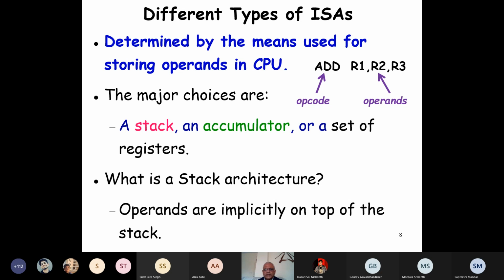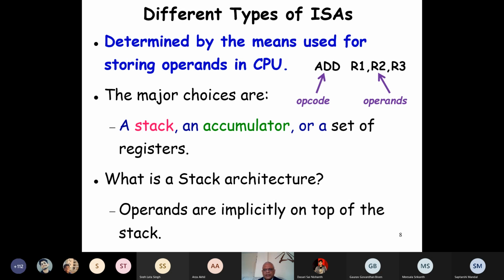Now, there are three major choices by which the operands can be stored before they are processed. One is a stack, one is an accumulator, and one is a set of registers. This is the general purpose registers. What is the stack architecture? In the stack architecture, there is a stack internally in the CPU, and the operands have to be on the top of the stack.